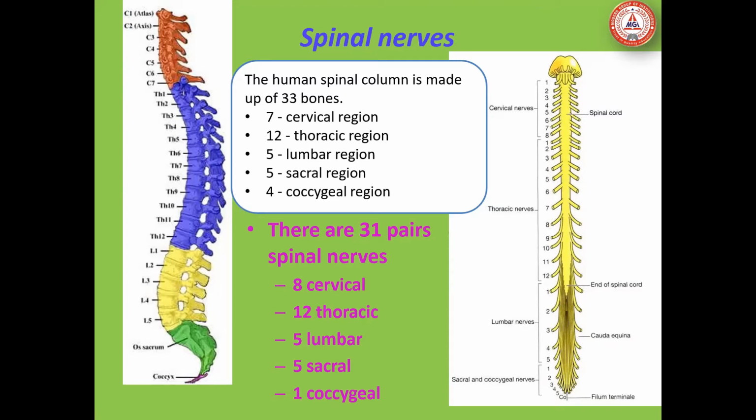Whereas our spinal nerves contain 31 pairs of spinal nerves, that is 8 cervical nerves, 12 thoracic nerves, 5 lumbar nerves, 5 sacral nerves and 1 coccygeal nerve. As you can see in the diagram, that is 8 cervical nerves, 12 thoracic nerves, 5 lumbar nerves, 5 sacral nerves and 1 coccygeal nerve.